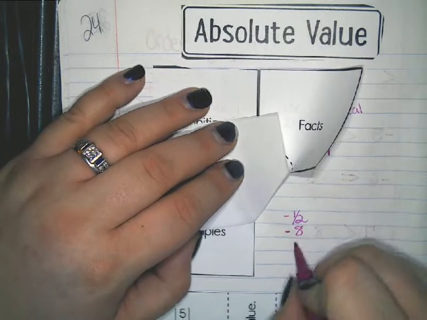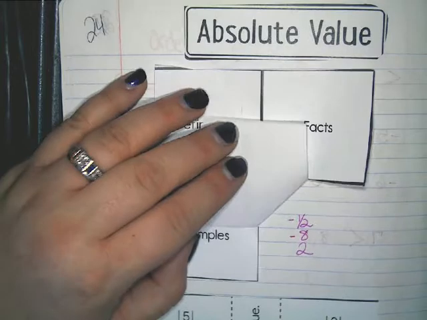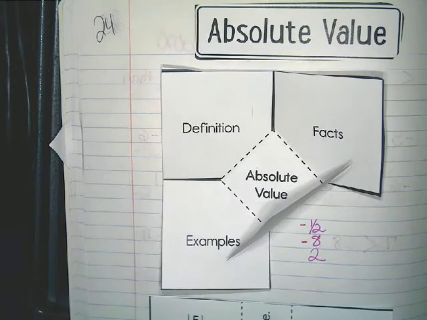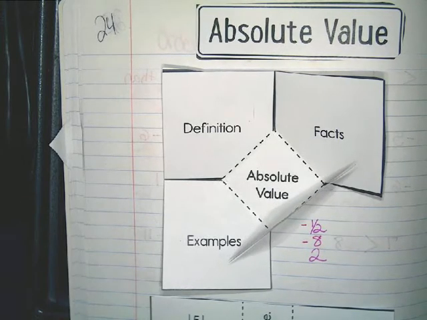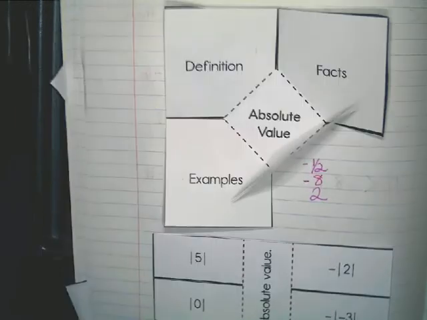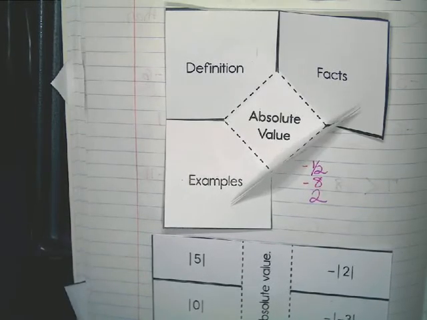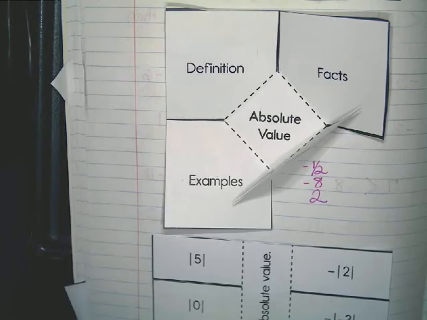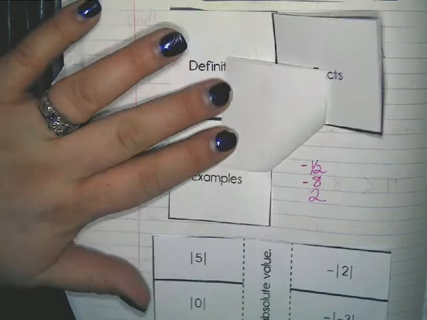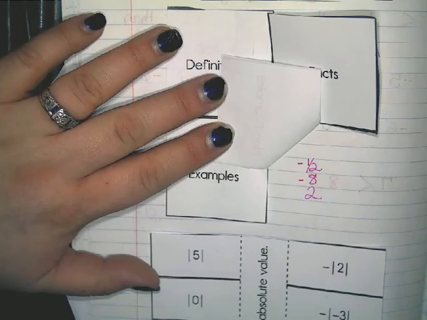They always have to have the bars around it. Is that 1/2, a fraction? I thought you can't use fractions. Is that okay? That's fine.